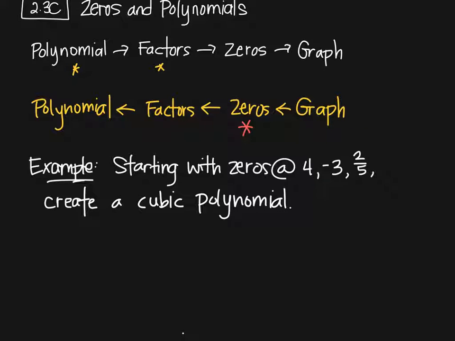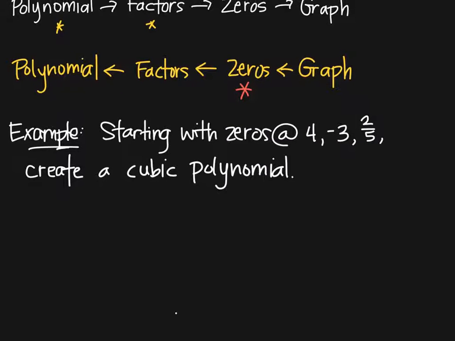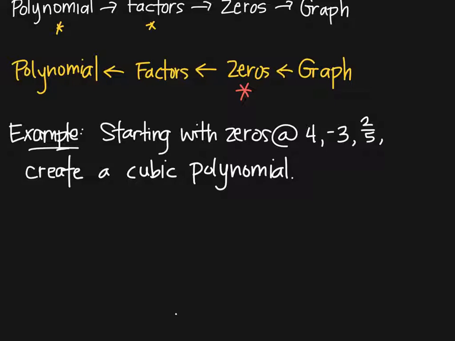So we're dropping ourselves into the process where we know the zeros. If we know the zeros, what would be the next step? Find the factors, because zeros came from factors.